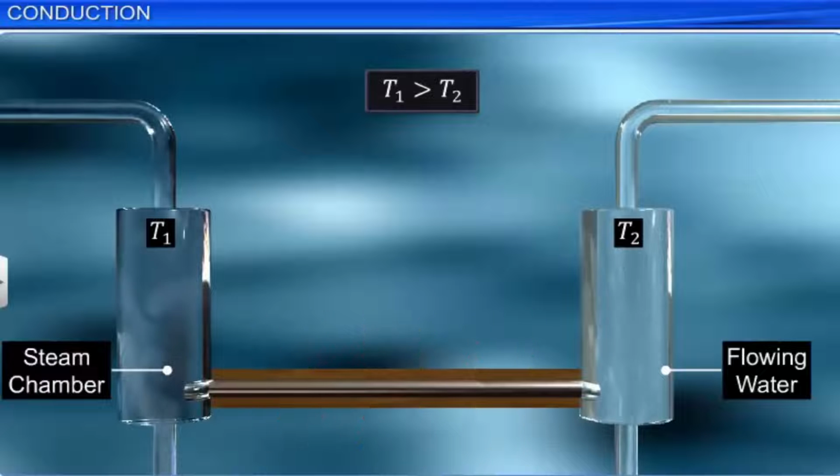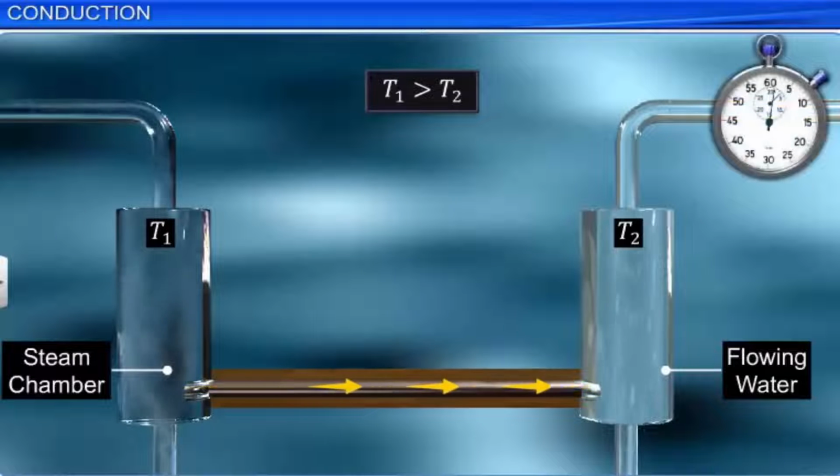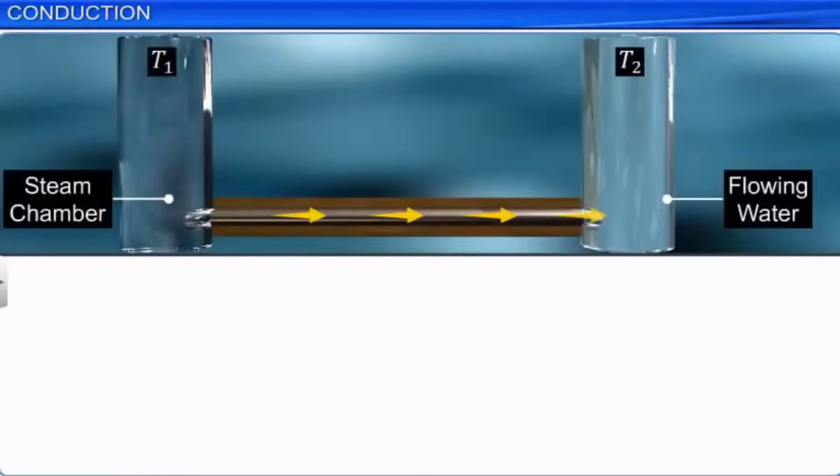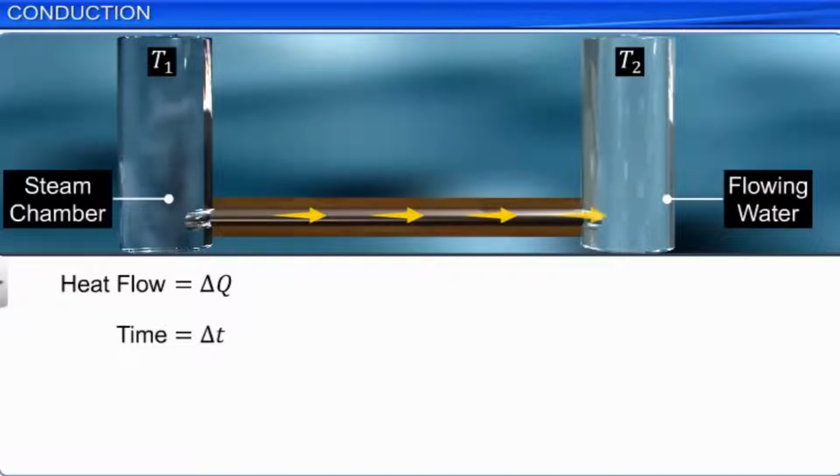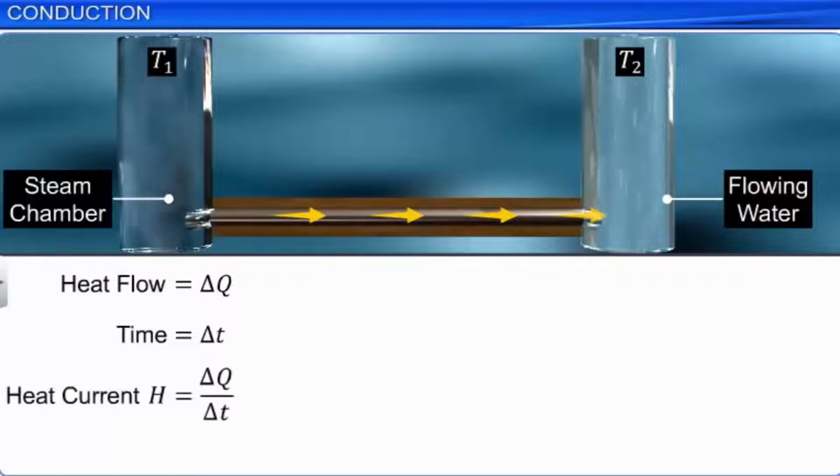Heat starts flowing from the hot end to the cold end. And after some time, there will be a steady flow of heat through the rod. The rate of heat flow is defined as heat current H. If delta Q is the heat flowing across any cross-section in time delta T, then heat current H is equal to delta Q by delta T. Let this be equation 1.